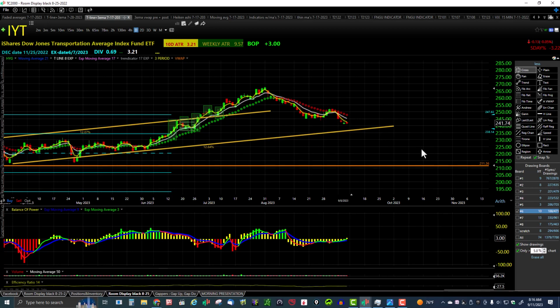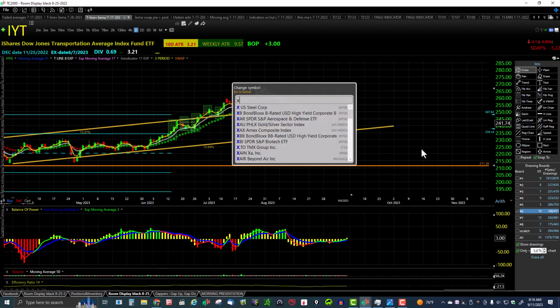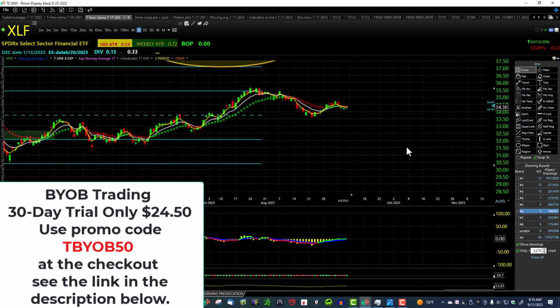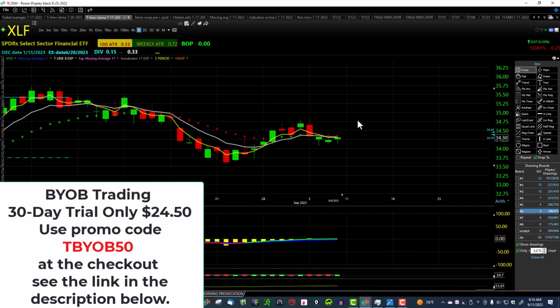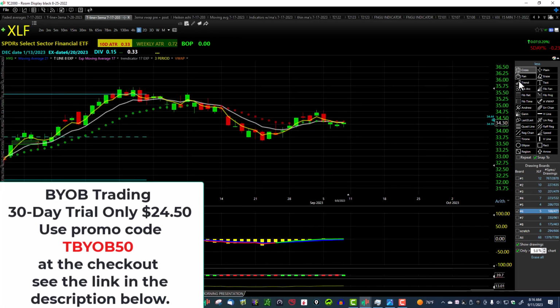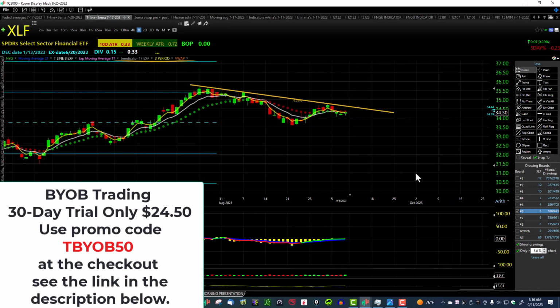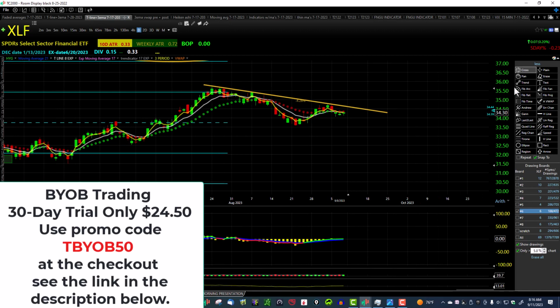There's IYT. Now let's go take a look at XLF. XLF consolidating here. Another triangle. So here's one side, and then we've got the other side right there.